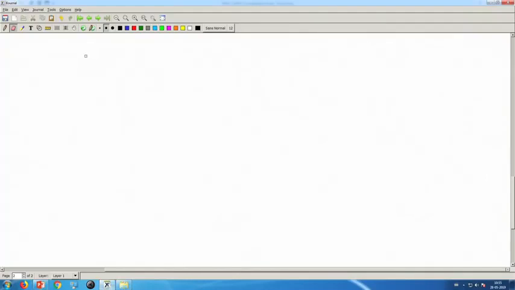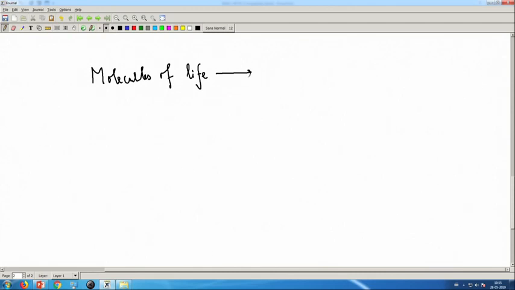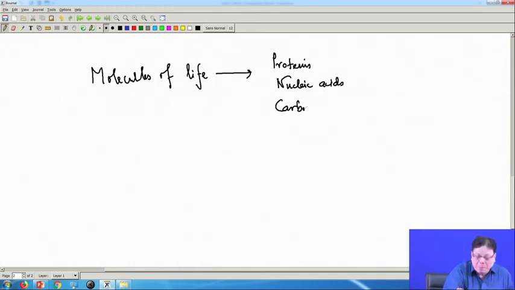Basically, we have the molecules of life, and these are proteins, nucleic acids, carbohydrates, and lipids.